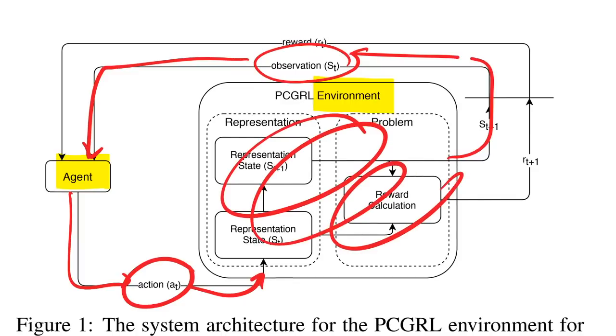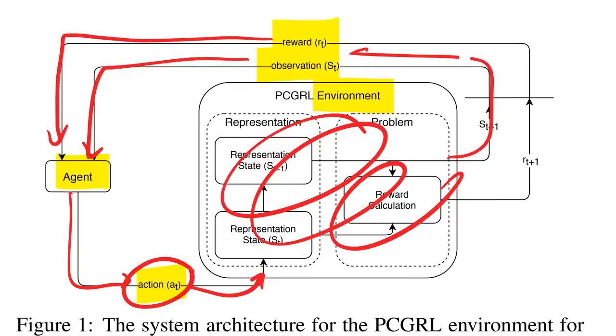We don't worry about that, and the environment is going to send the next observation that is a result of taking this action, and it is also going to send the reward for this action. So at each step, the agent gets an observation and a reward for the last action it took, and it has to output the next action.